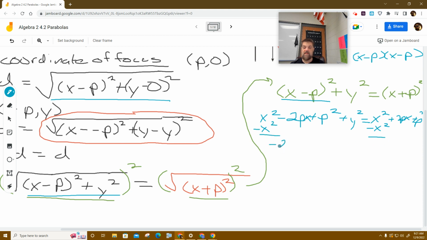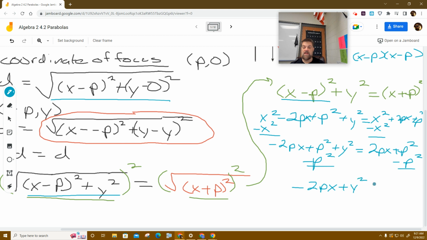So in my next line, I've got negative 2px plus p squared plus y squared is equal to 2px plus p squared. All right, well, if I subtract p squared from this side, and I subtract p squared from this side, I get negative 2px plus y squared is equal to 2px.